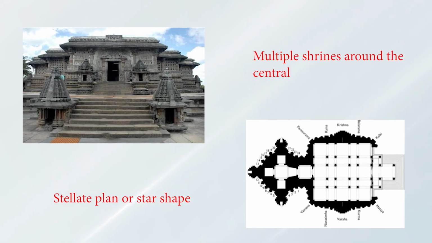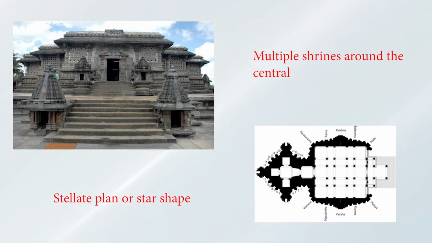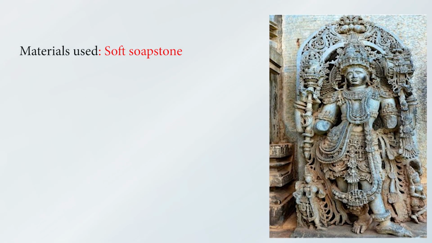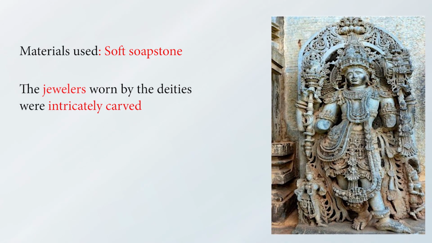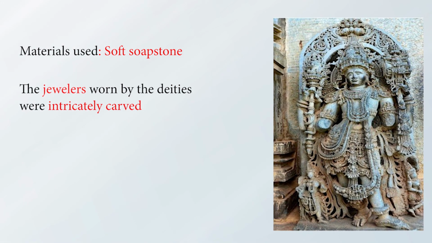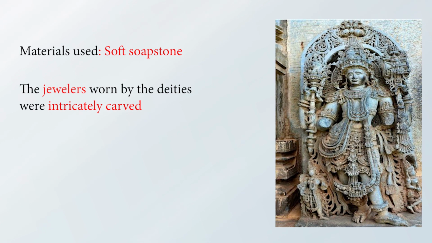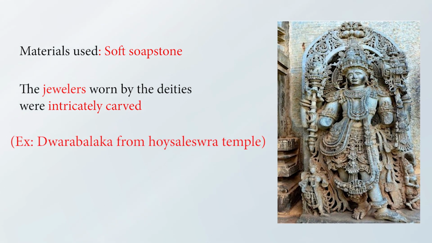See this picture. The second important feature is that the shrines were laid out in the shape of an intricately designed star, also known as the stellate plan. The third most important feature is that the main building material was soft soapstone. Fourth, the jewellery worn by the deities was intricately carved. See these jewellery carvings of Dwarapalaka.